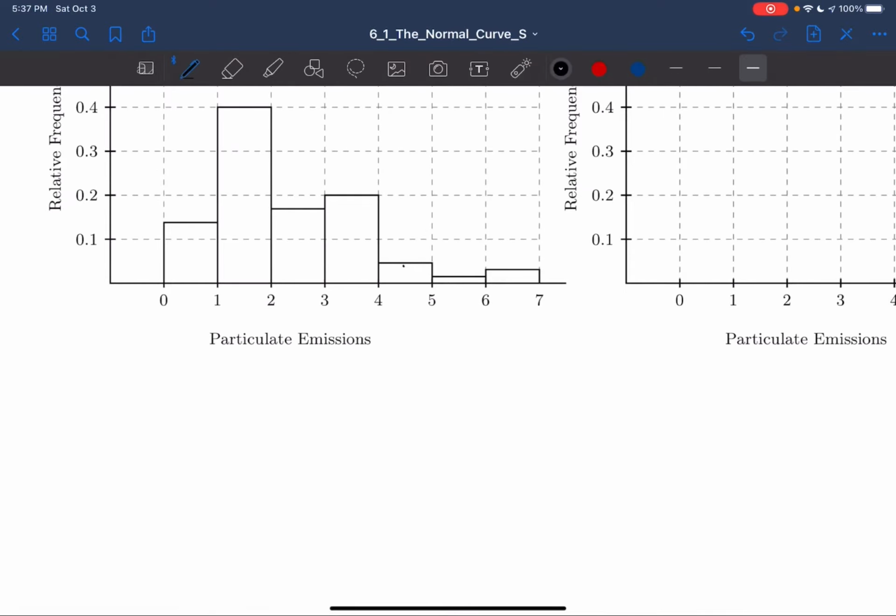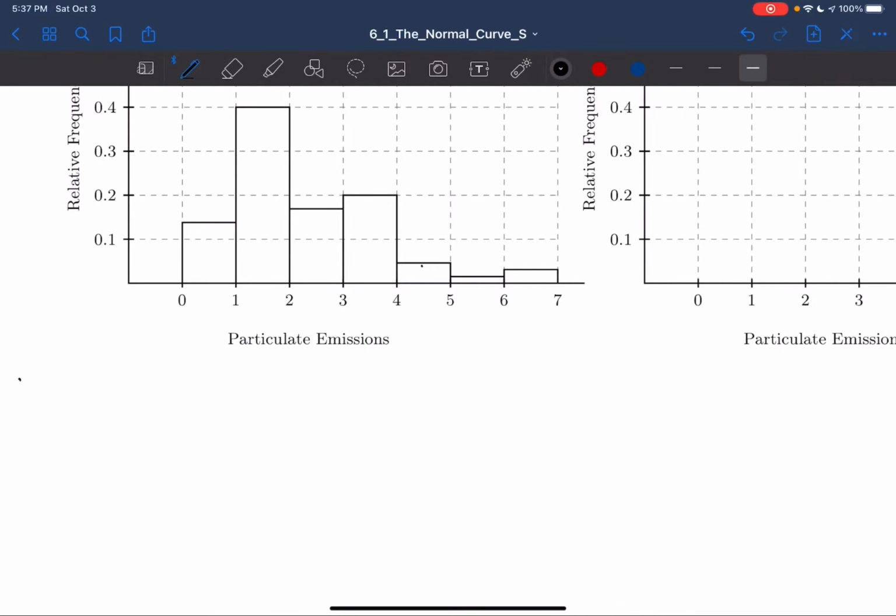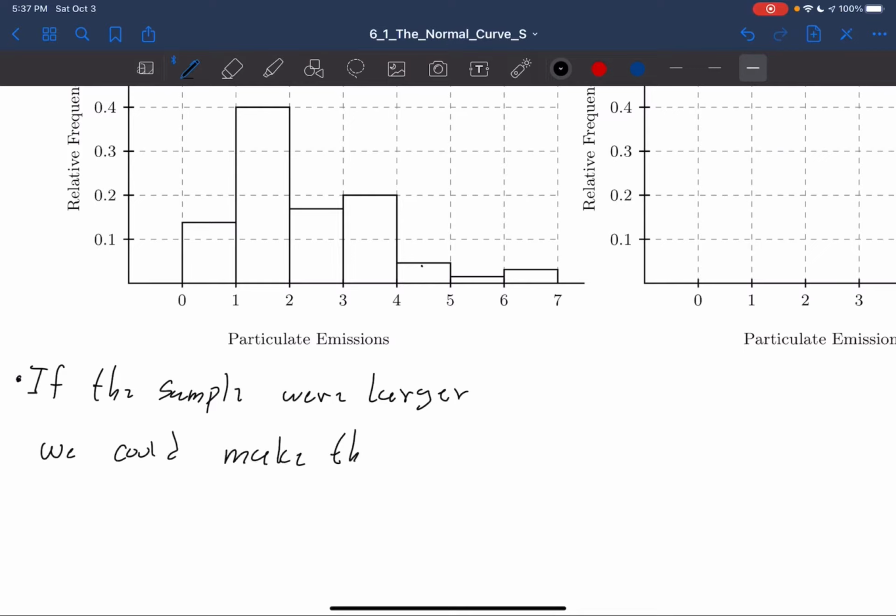So here in words, if the sample were larger, we could make the rectangles skinnier or narrower, right?